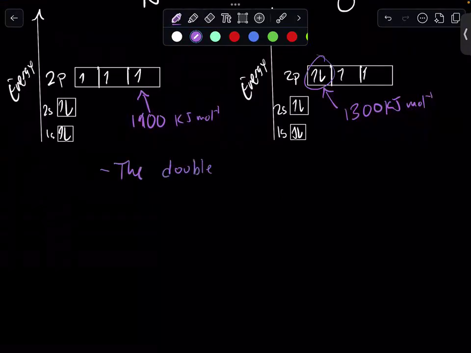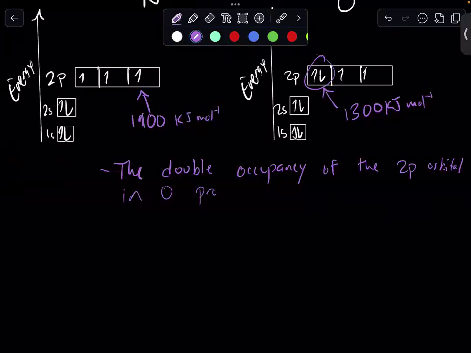The double occupancy of the 2p orbital in oxygen provides extra repulsion between valence electrons.